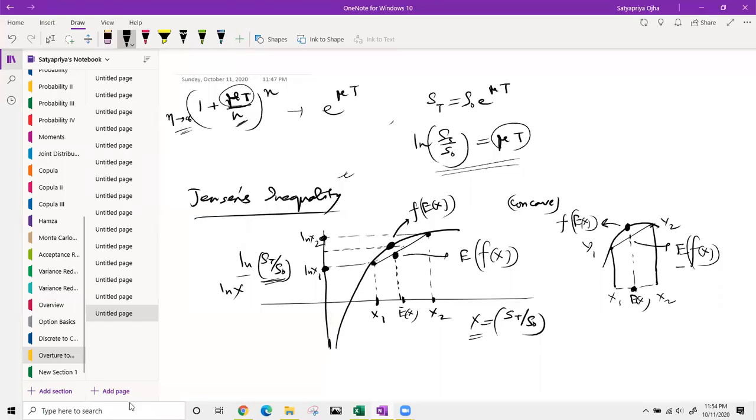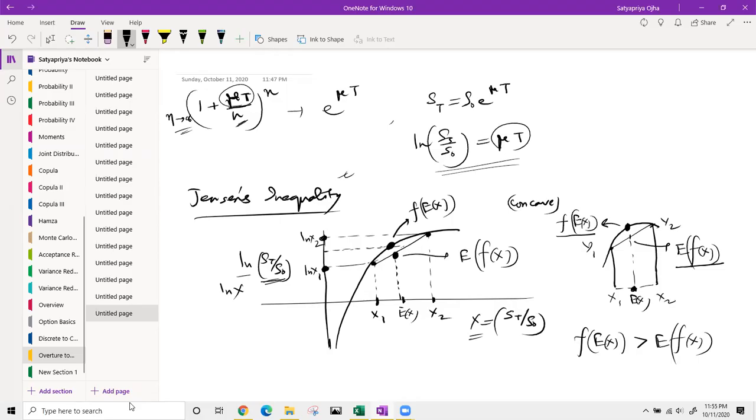One is the average of the value of the function. The other is the value of the function at average x. It's just a difference in the order, okay? And if it is concave, then in the diagram you can clearly see that the functional value at average x is greater than the average of the functional value.